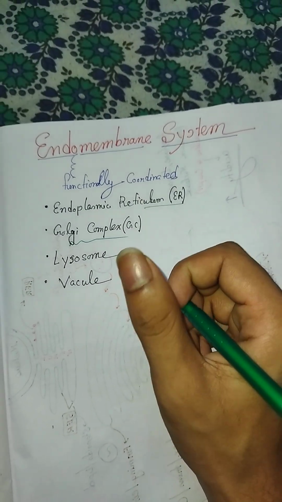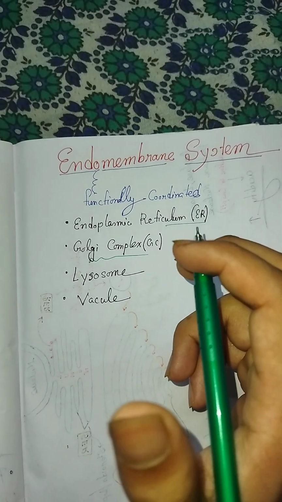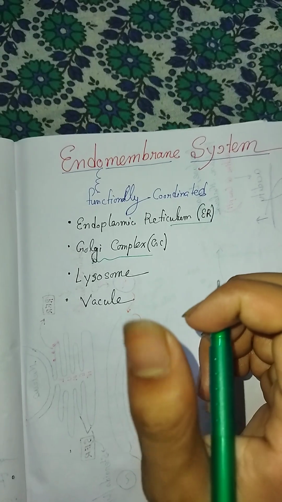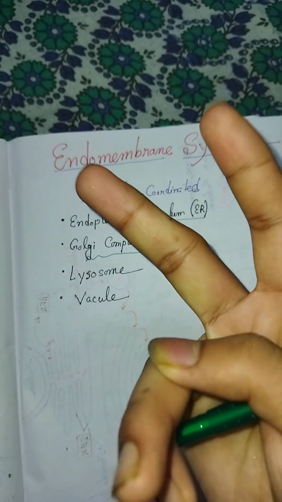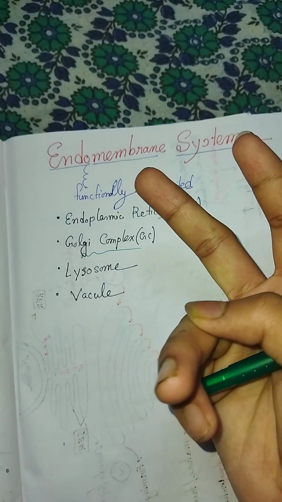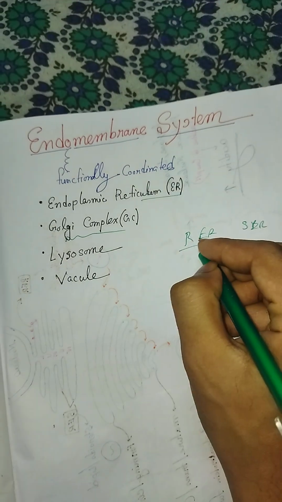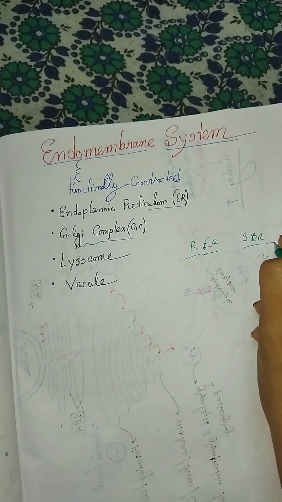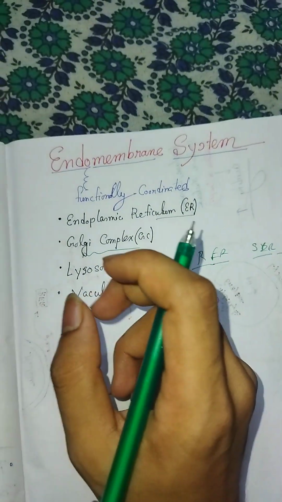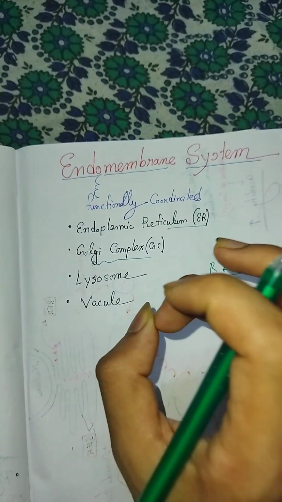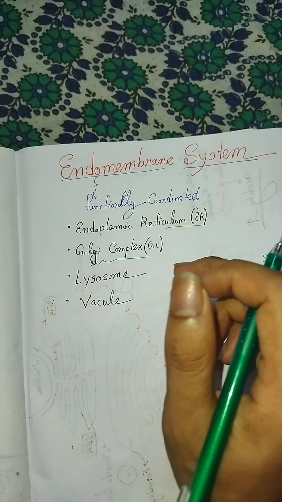Electron microscopy showed the presence of tiny tubular structures scattered in the cytoplasm called the ER. It is of two types: rough ER (RER) and smooth ER (SER). In rough ER, ribosomes are present and it synthesizes and secretes proteins. In smooth ER, ribosomes are absent, and it synthesizes and secretes steroids and lipids.